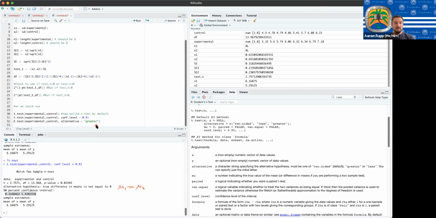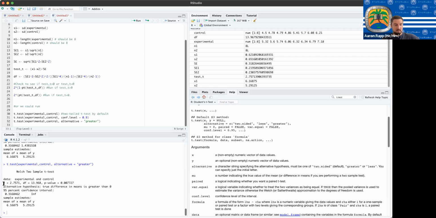And then if I wanted to run a t-test, but I wanted to do a directional alternative hypothesis, greater just means that the sample data from the first population is greater than the sample data from the second population. So the experimental population is greater than the control population. I run this line of code.